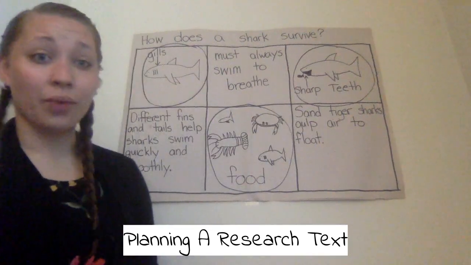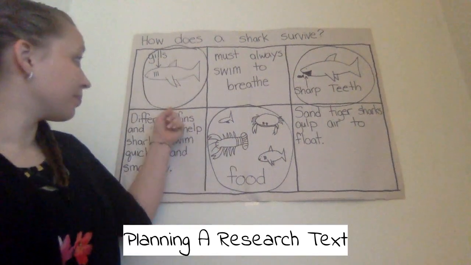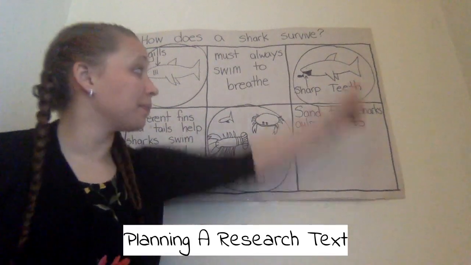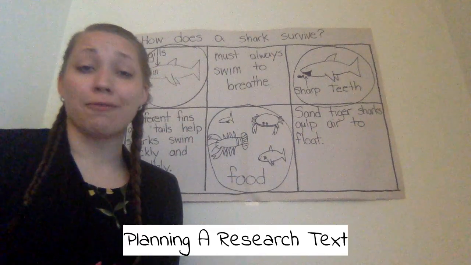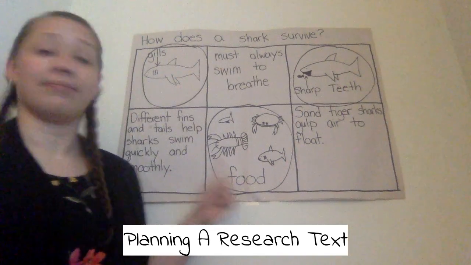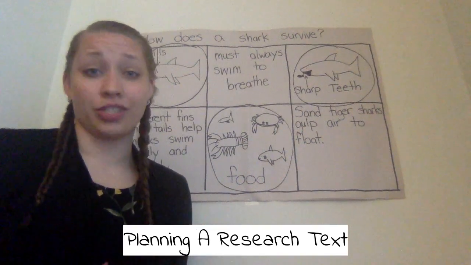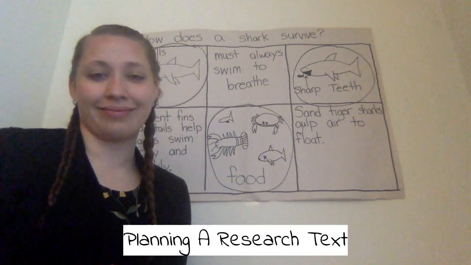I decided that I wanted to share with my readers that sharks breathe through gills, sharks have sharp teeth to help them catch and eat their prey, and some sharks might eat fish, crabs, lobsters, or even other sharks. Why don't you take a moment now to decide which 3 facts you would like to share from your research and circle them on your notes sheet.